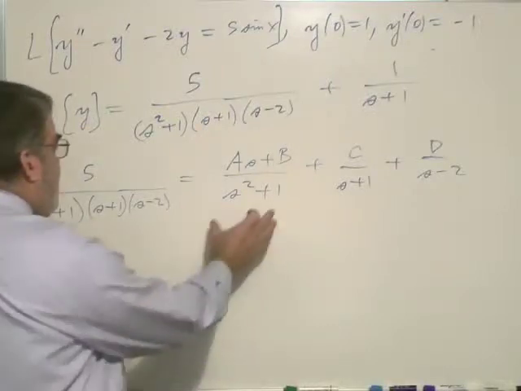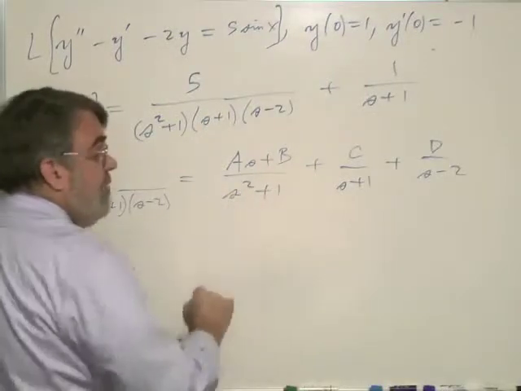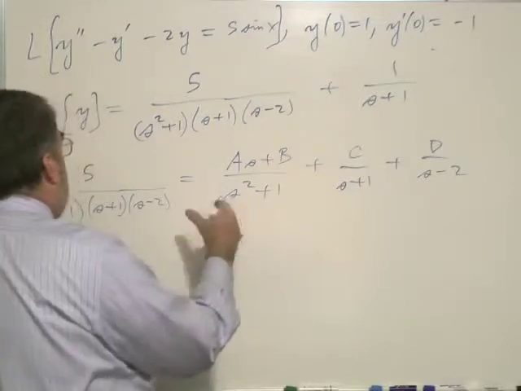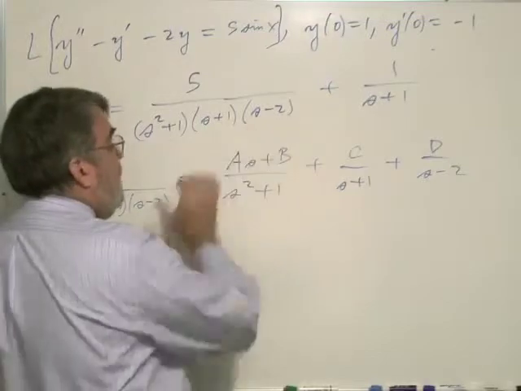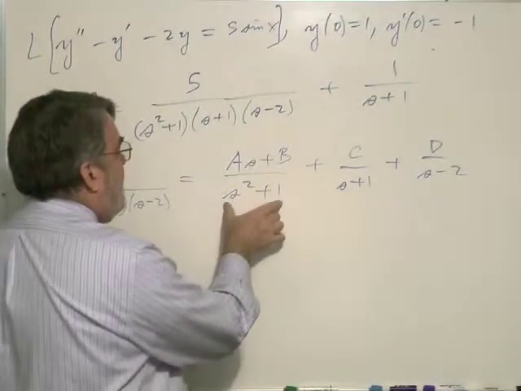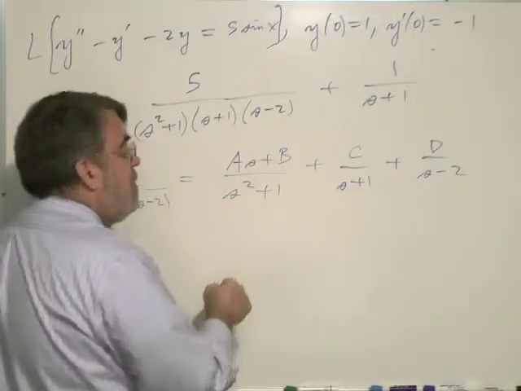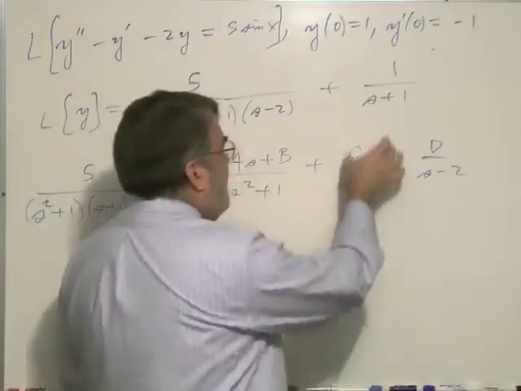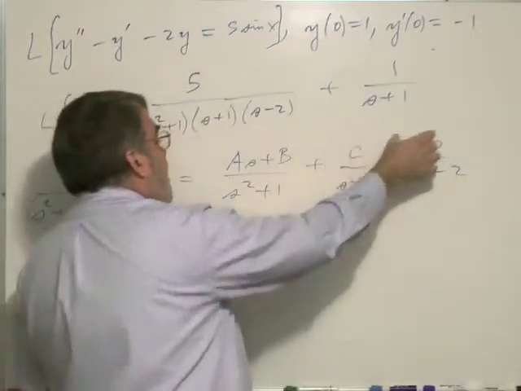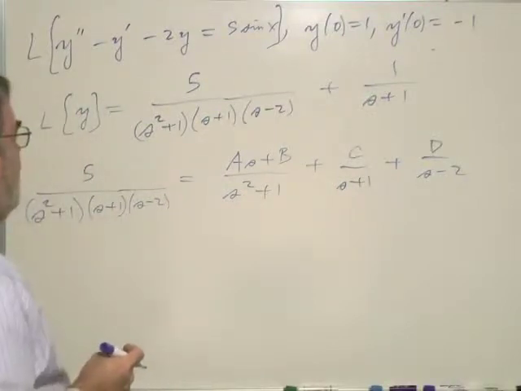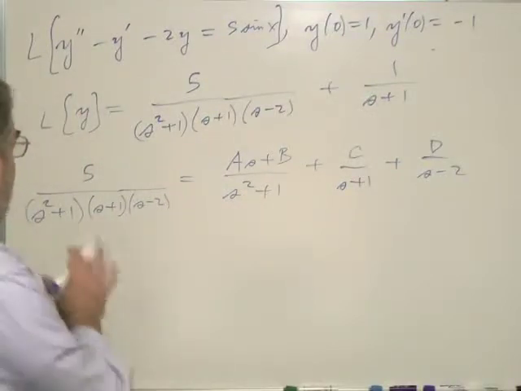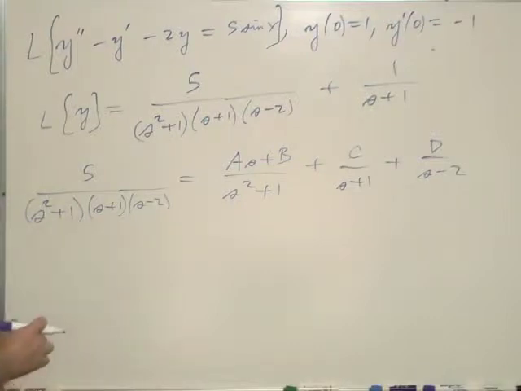This term is second degree down here, so in setting this up for partial fractions, I need a first degree polynomial on top: as plus b. The others are all first degree, which is why we use constants, because the numerator is one degree less than the denominator. That's how you do this type of partial fraction.